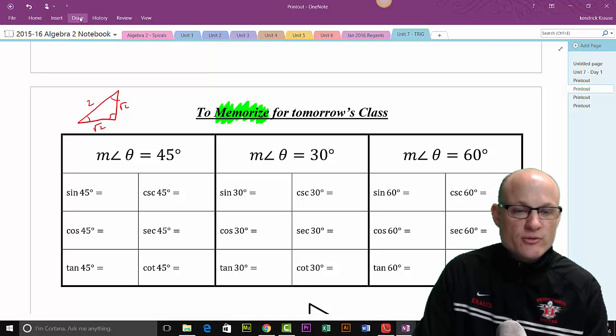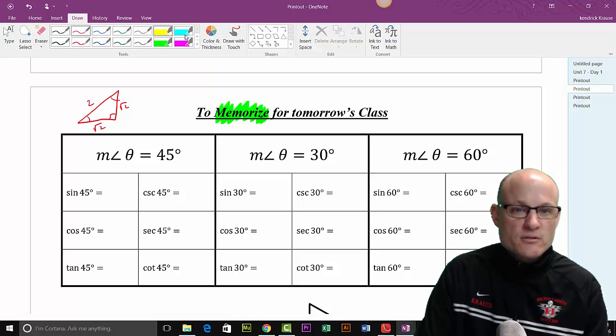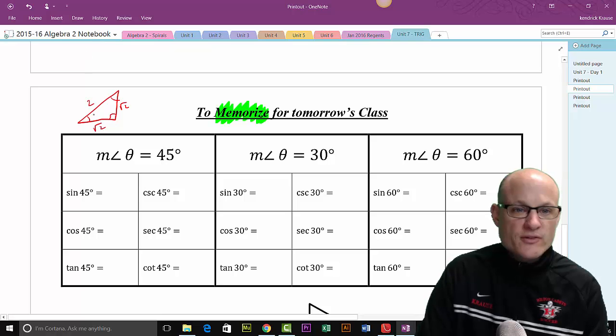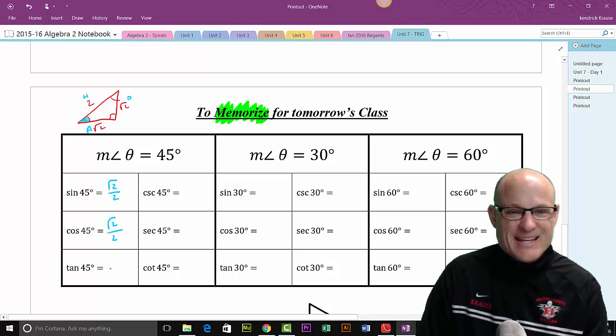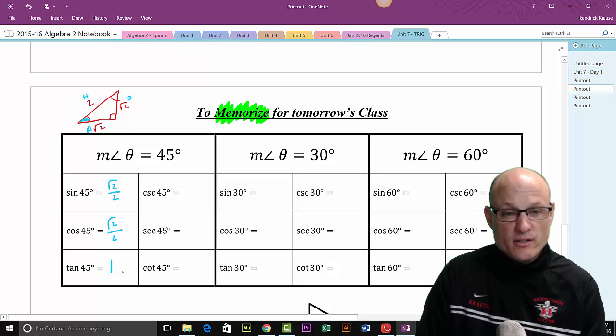So let's use this angle, and let's label it hypotenuse, opposite, and adjacent. So sine is opposite over hypotenuse, square root of 2 over 2. Cosine, square root of 2 over 2. Tangent, square root of 2 over the square root of 2, which is just 1. Well, that makes this one just 1.